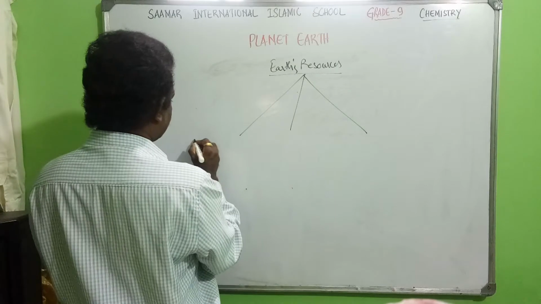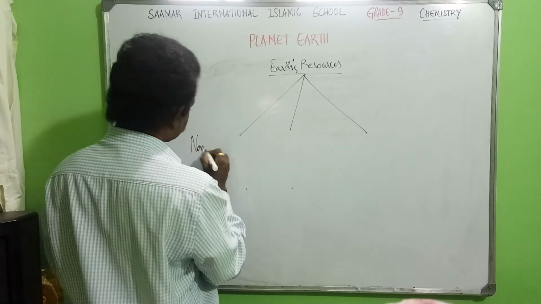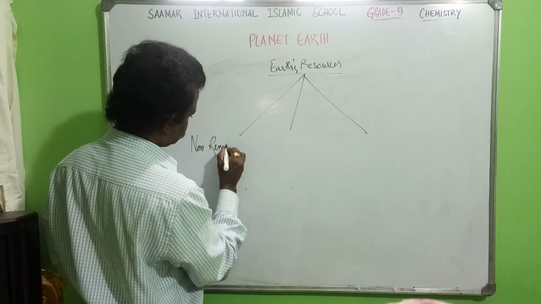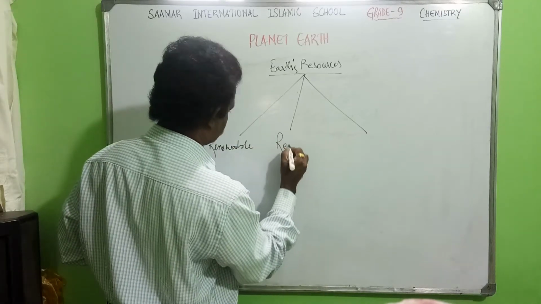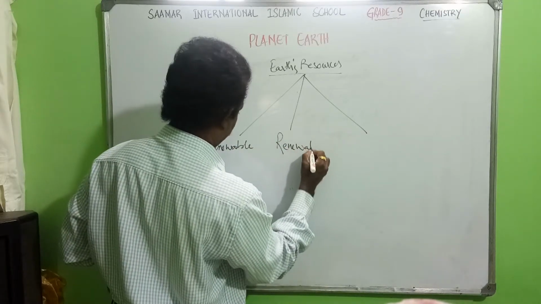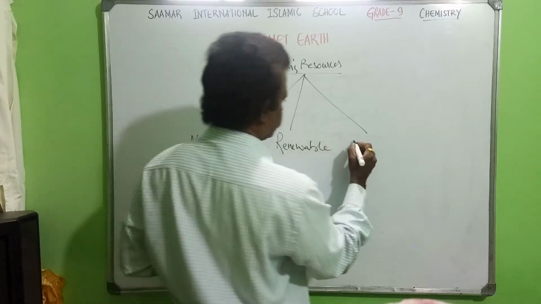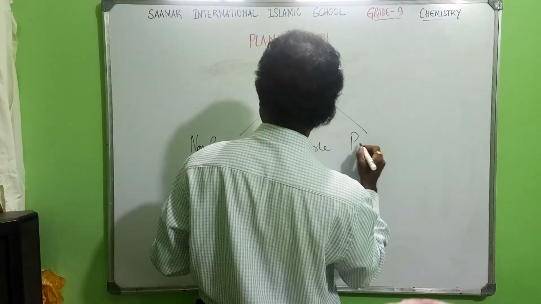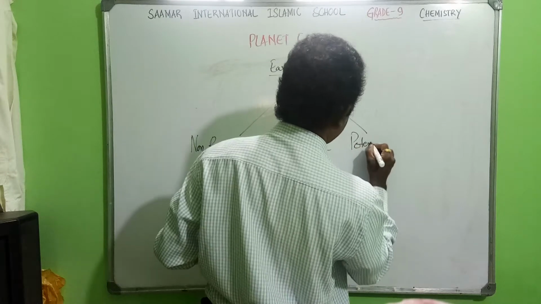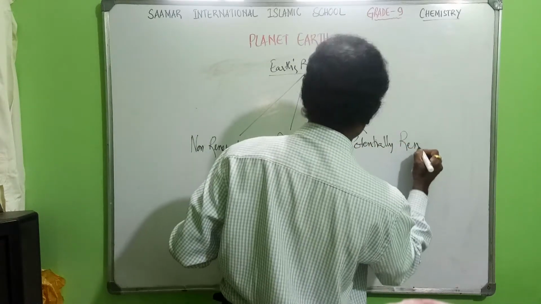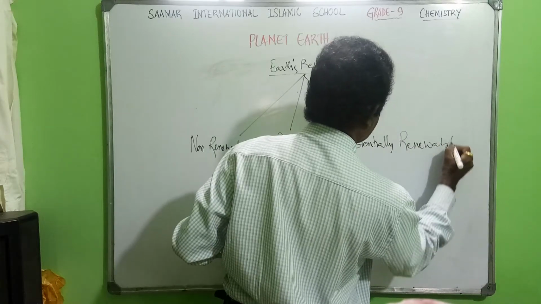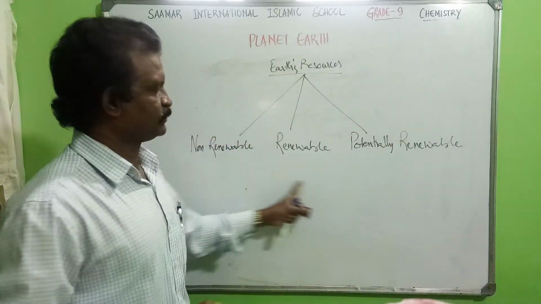What are they? Non-renewable, renewable, potentially renewable. Is it clear? We have three types in this.